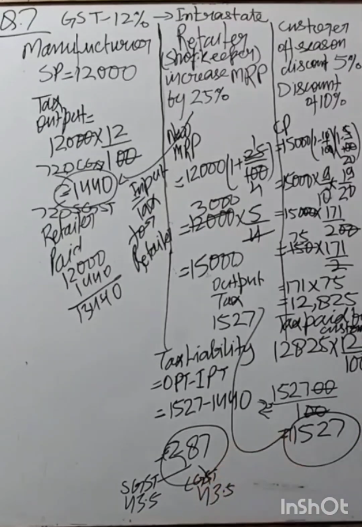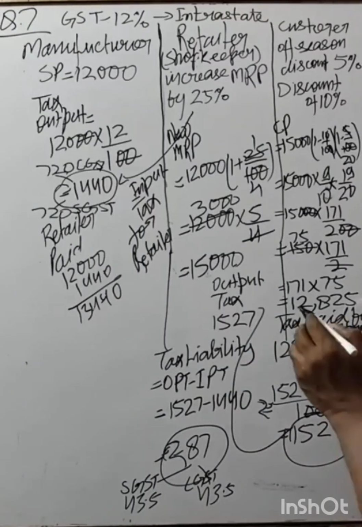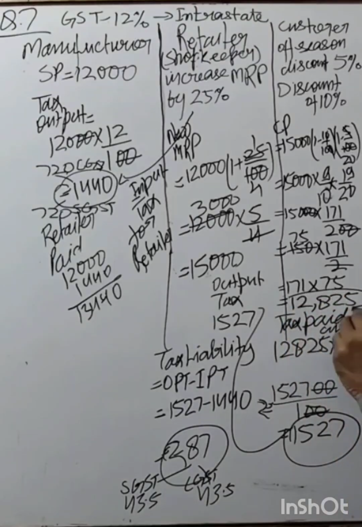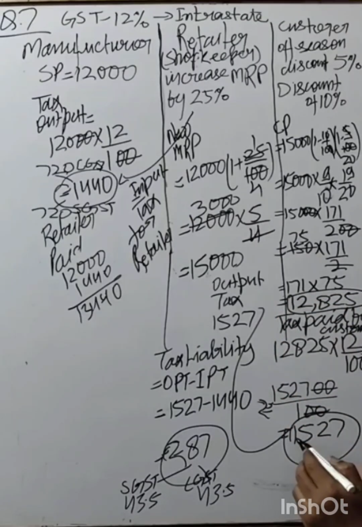And how much did the customer pay? His discounted cost price was this, right? And tax is this.